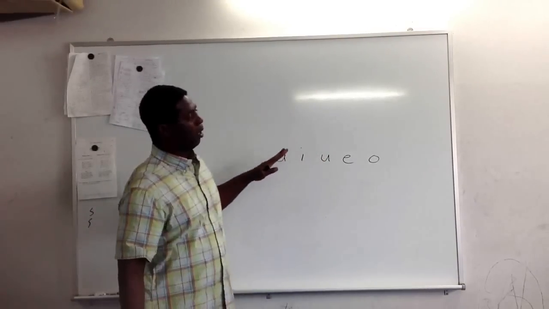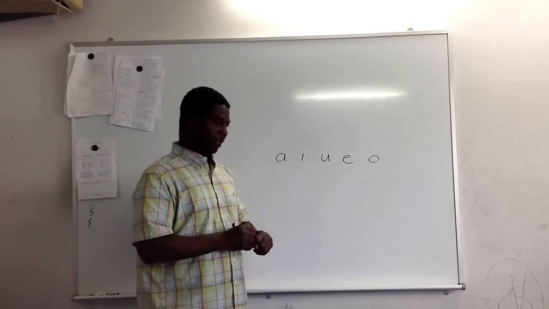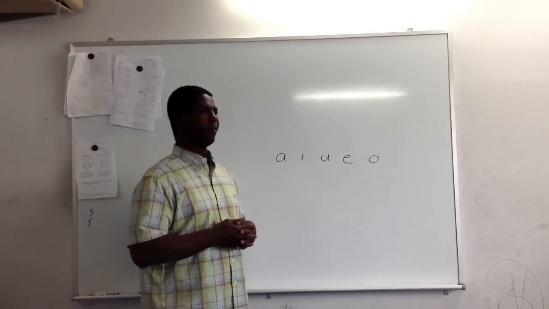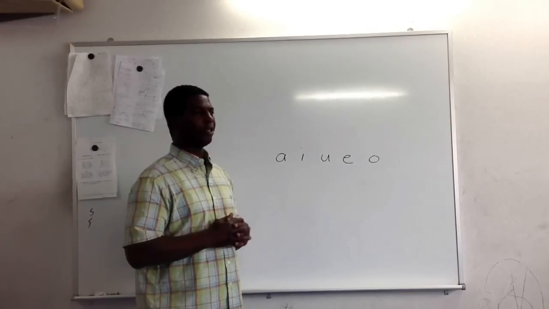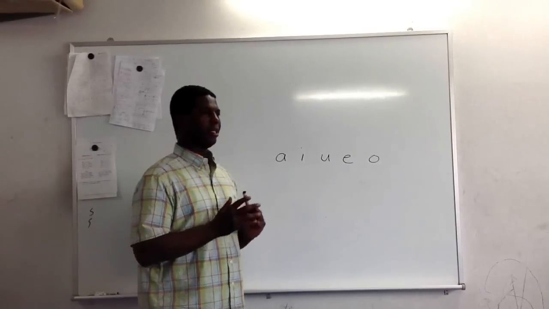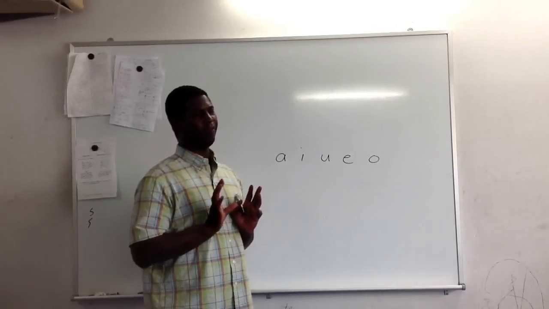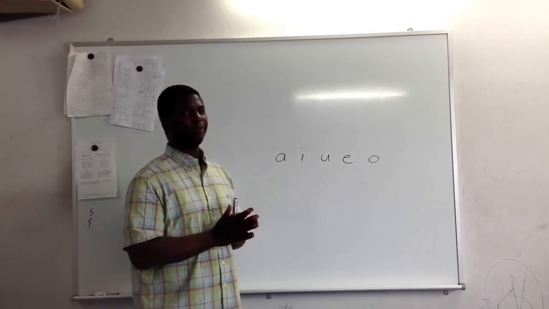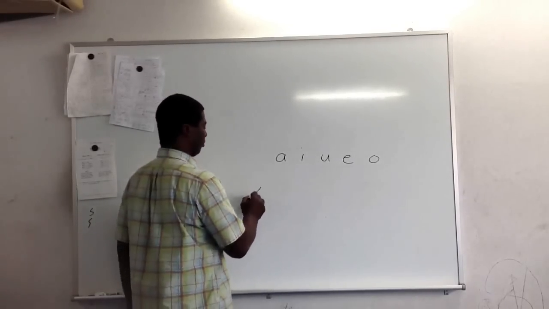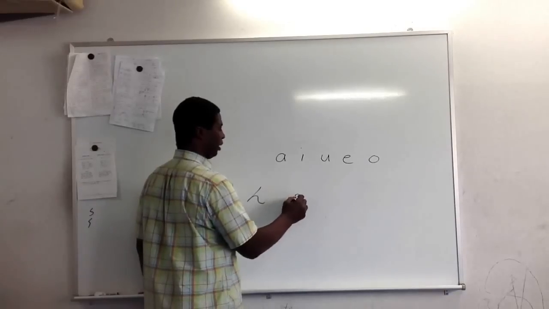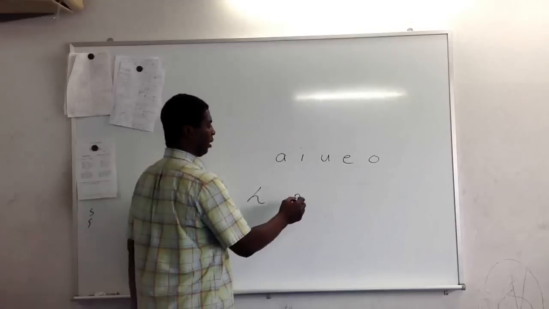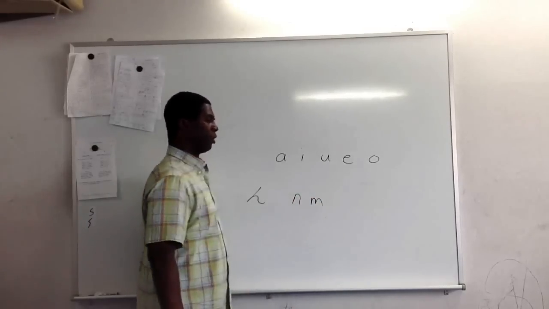Okay, so remember, in the Japanese language, they have syllables. So all of their sounds have a consonant and a vowel added to it, except for the N, which is going to sound like an N or an M or something like that.